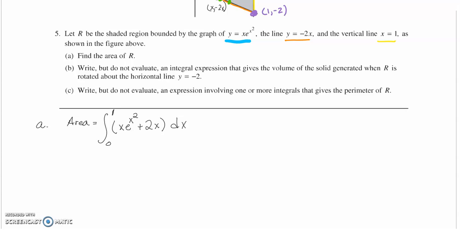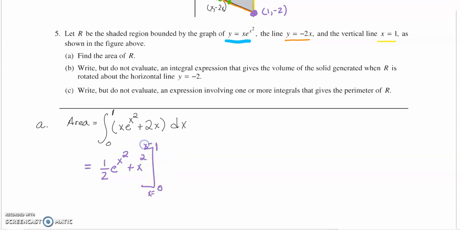Some students would be very comfortable integrating that xe to the x squared just as it is, but some of you won't be. Some of you would want to use a u substitution. Whatever the case is, that's okay. So my antiderivative is 1/2 e to the x squared plus x squared. And my bounds are 0 to 1.